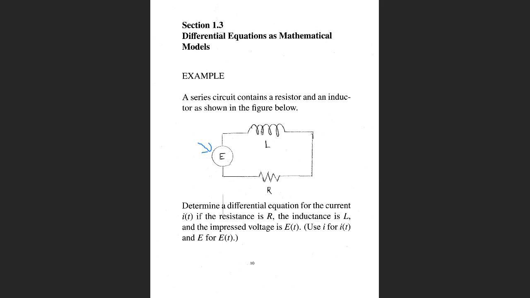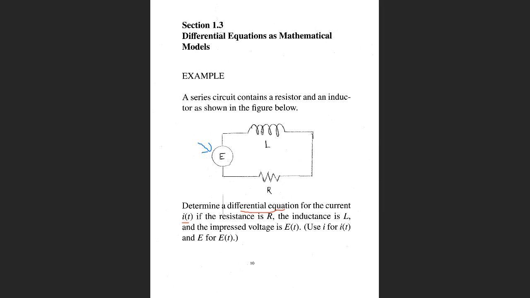Okay, so we have a series circuit here that contains a resistor R in the circuit, and an inductor L, and then your battery source E. What we want to do is determine a differential equation for the current.